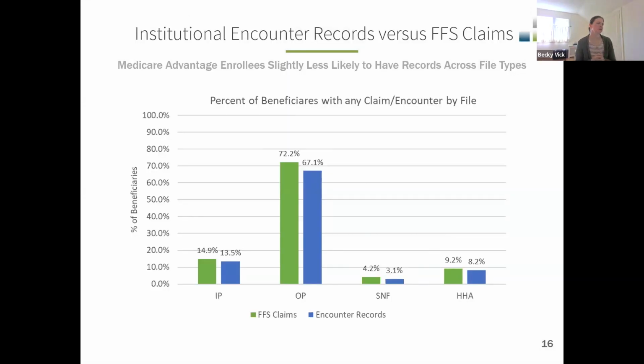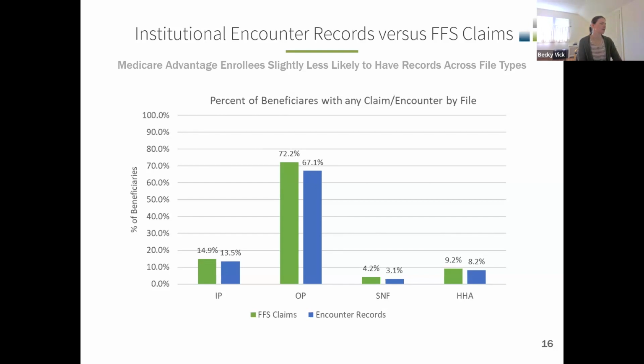So here's another comparison of fee-for-service to encounter utilizers in the institutional records. We want to see how fee-for-service compares to Medicare Advantage. Here we tally the percent of beneficiaries that had any claim or encounter by file.